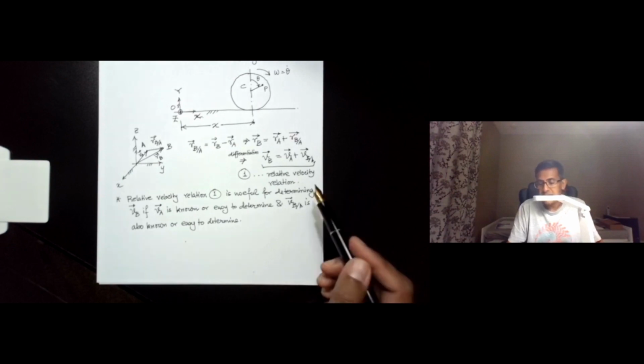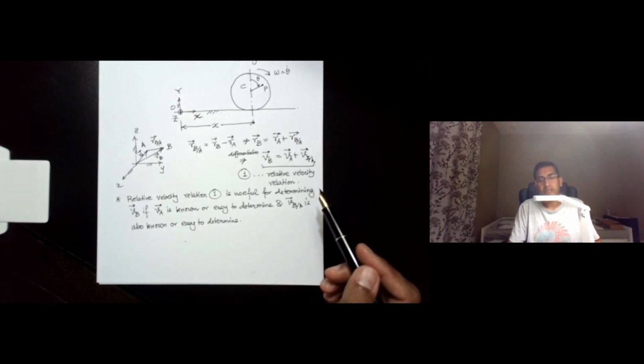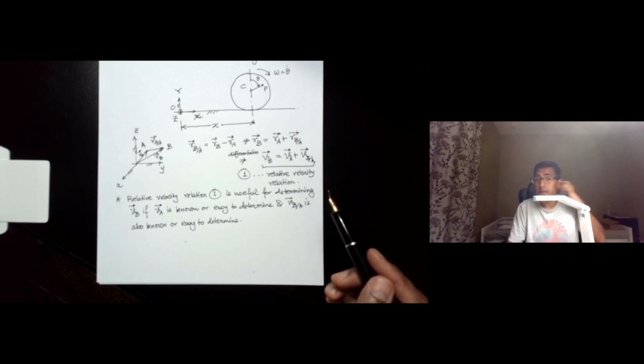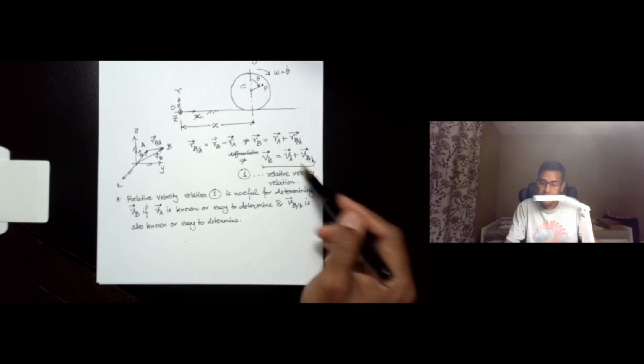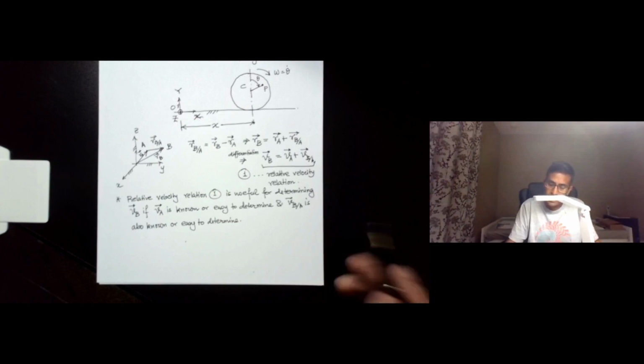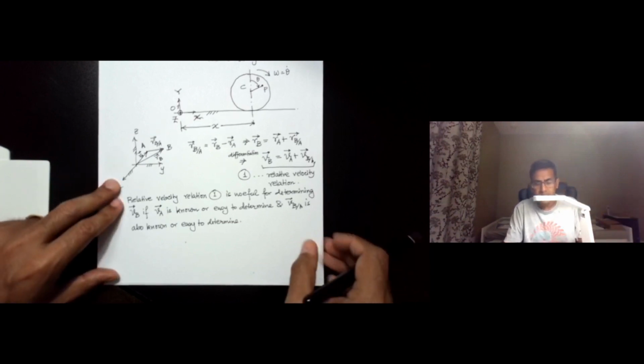What we are saying is, if A and B are on the same rigid body, there are certain simplifications that can help us in determining this velocity of B with respect to A. So let us look into that aspect a little bit.